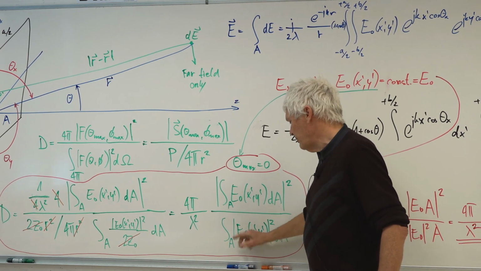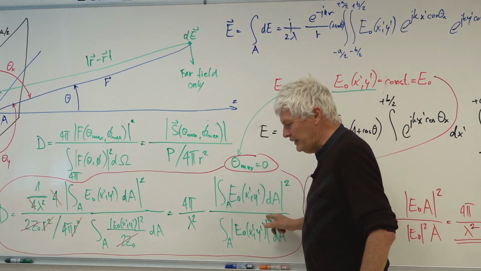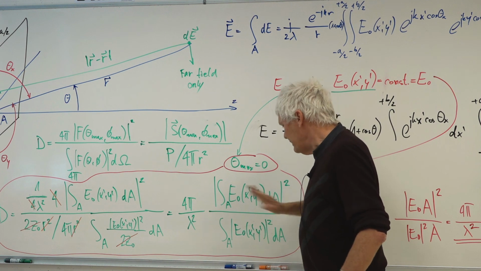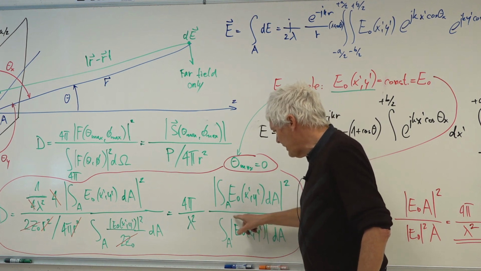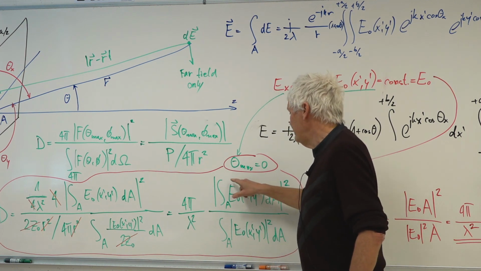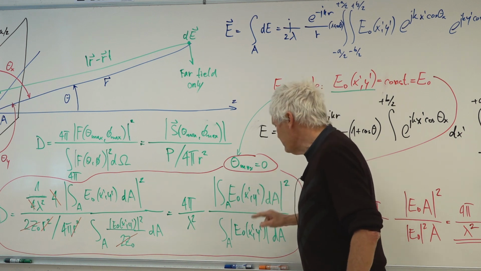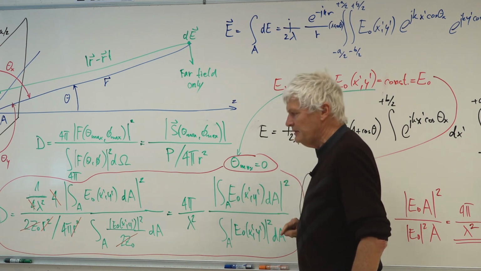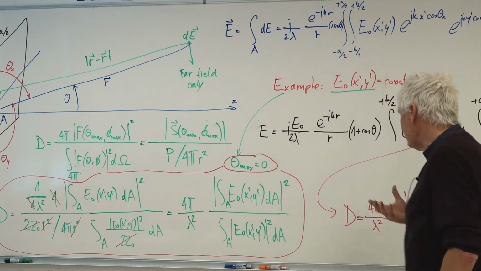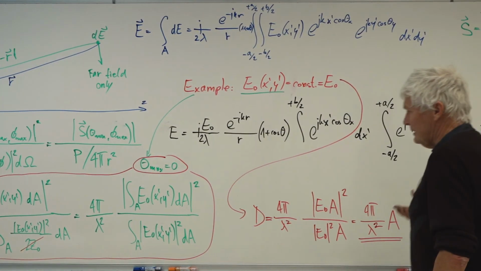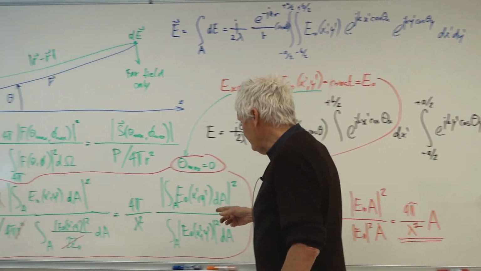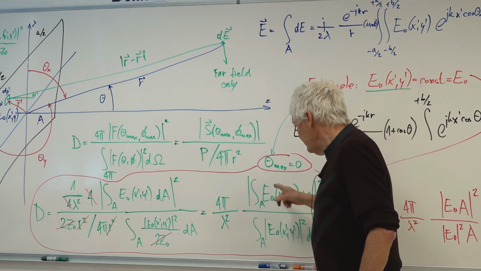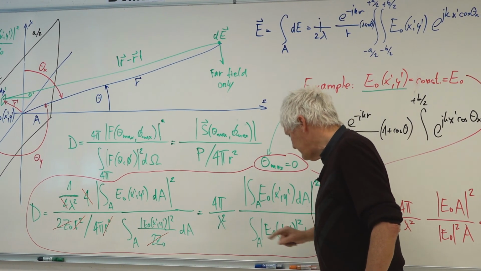Here the phase is unimportant because we always take the absolute value, and the absolute sign kills the phase. So here we have a power sum, while here we have a phasor sum. A phasor sum is dependent on the phase of E0. So if we have a phase error on our aperture, we'll get less. Also, if we have some amplitude distribution, this integral will give less than this integral.